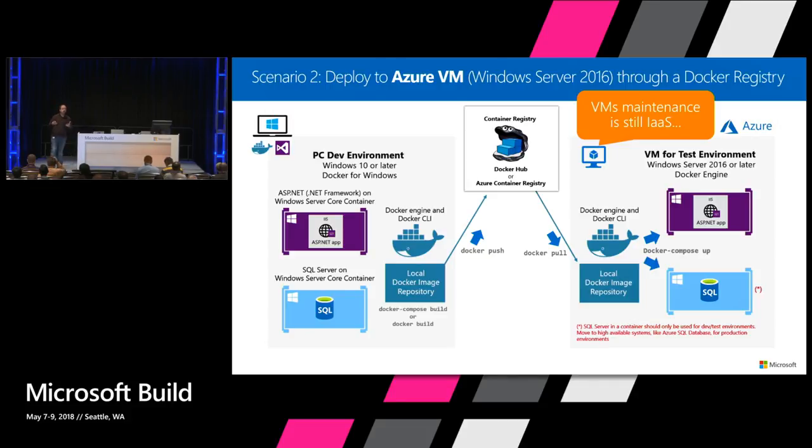It's a lot of work, a lot of infrastructure work. So that's why we have many other products for containers that will make it a lot easier for you than when using VMs. Okay? In the case of Windows containers, it has to be a Windows Server 2016 or later with Docker Engine.